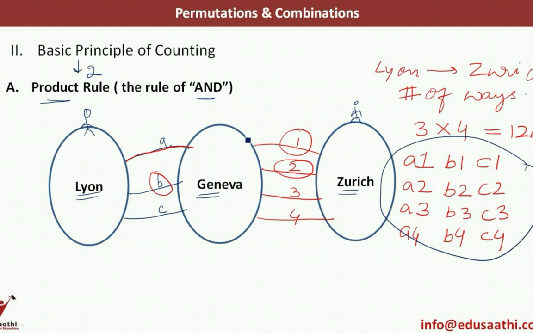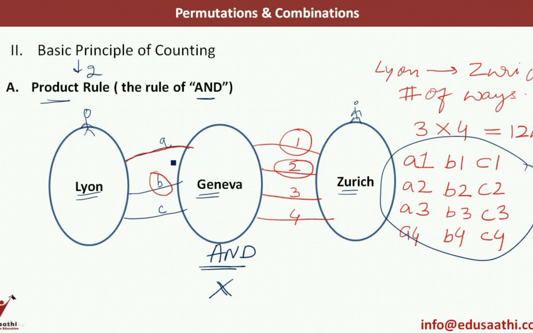So why do we call it the rule of AND? Because whenever you solve these kind of questions, you'll always speak in your mind. Okay, so what will you say? I want to go from Lyon to Geneva and from Geneva to Zurich. So whenever you have this word AND in your mind, or whenever you speak the question in your heart, always remember that you will use a multiplication sign.